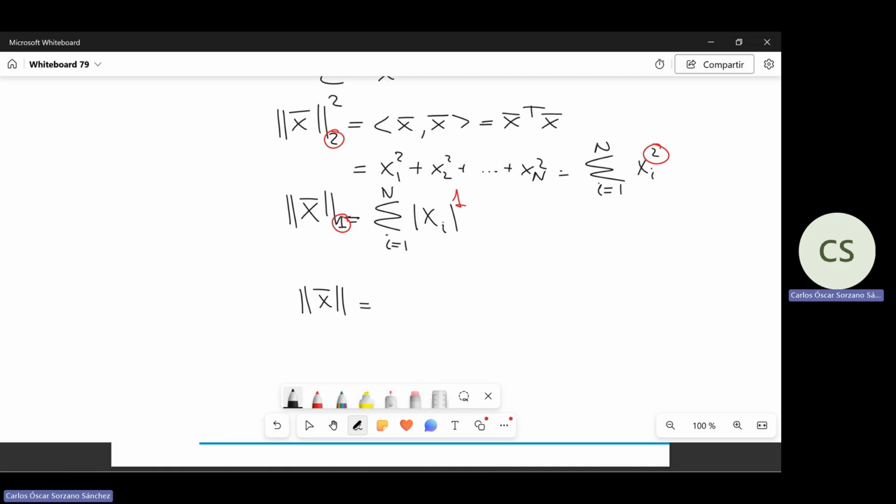It will be the p-th root of the sum, i from 1 to n, of the absolute value of x_i to the p power. And this p can take any value, from 0 to infinity.